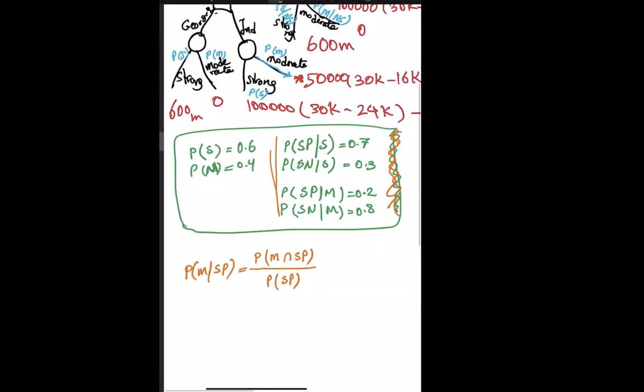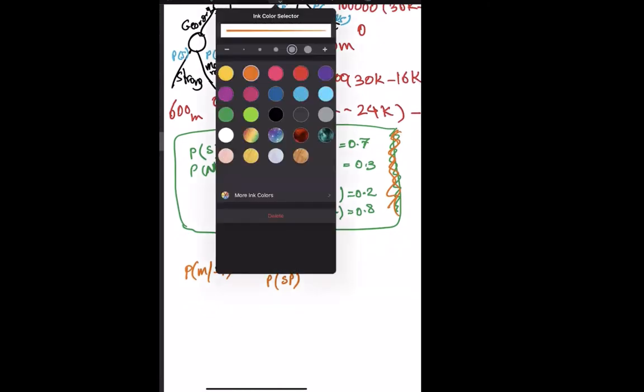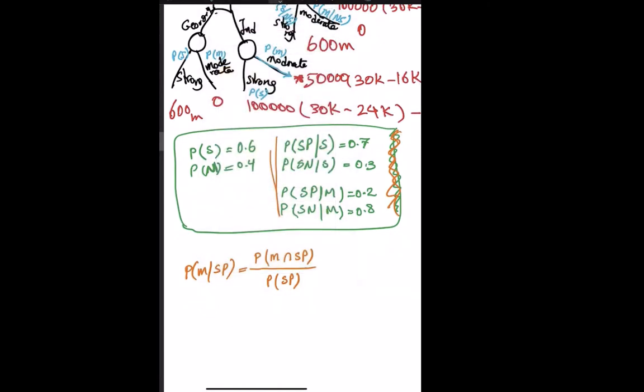That's just the simple definition of conditional probability. Now, remember I told you last time that you can write the numerator in two different ways. That is equal to the probability of SP intersect M, multiplied by the probability of M. The other way is the probability of M given SP multiplied by the probability of SP.